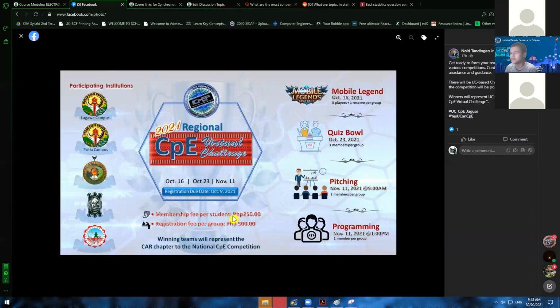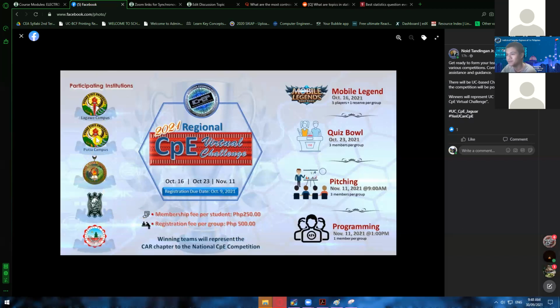So yes, it's a little bit expensive. But don't you guys worry. This is a once in a blue moon event that you can join in your entire life. While you're still a CPE student, why not? You'll be able to compete with these universities or institutions.